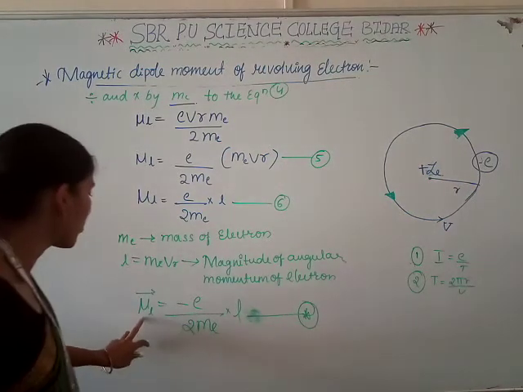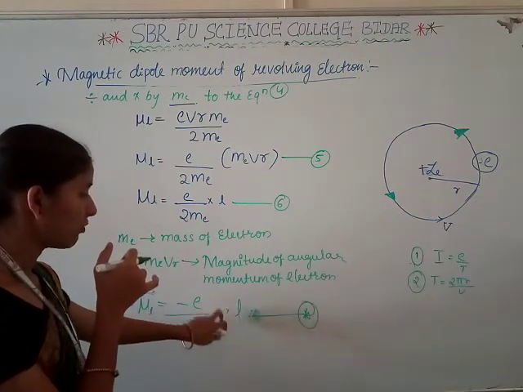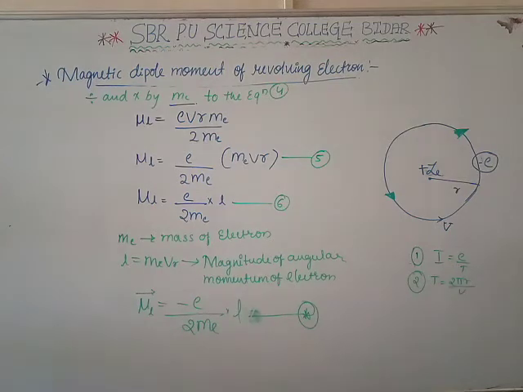The magnetic dipole moment and the angular momentum of an electron are both in opposite directions.